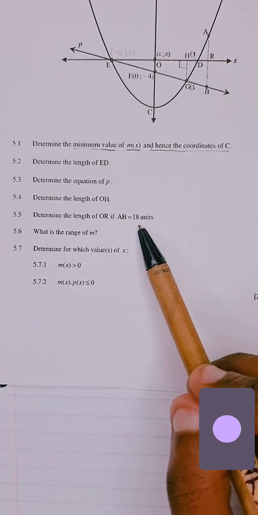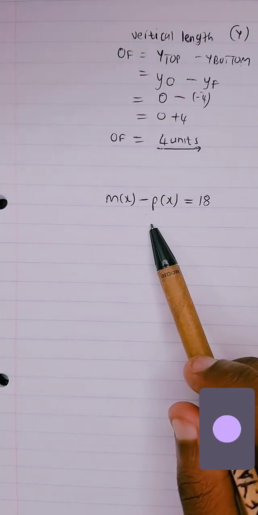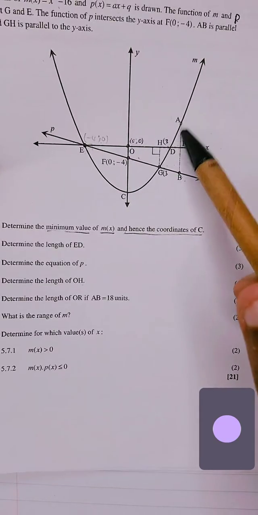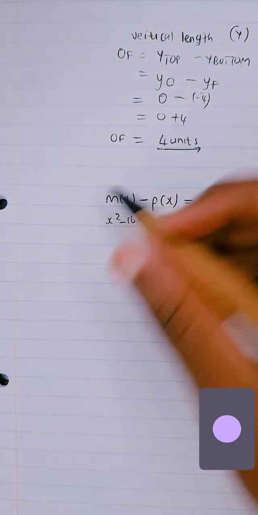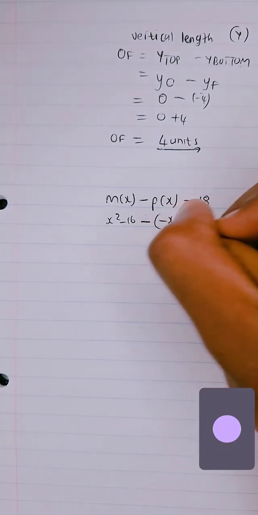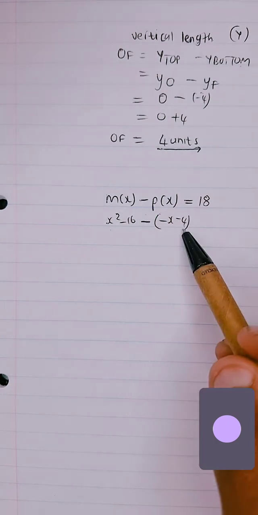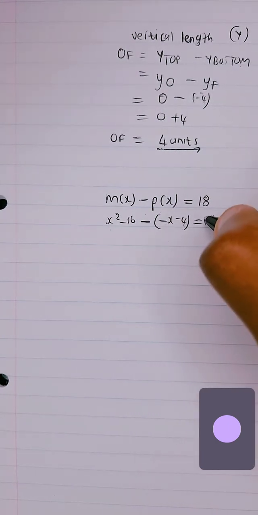All right. Z, are you following here? Yes. What I'm doing here and why I'm doing it: I want to substitute x squared minus 16, which is m of x, minus x minus 4. Since there's a negative sign, we put the expression of two terms in brackets equal to 18.